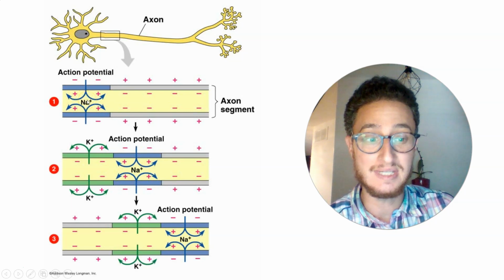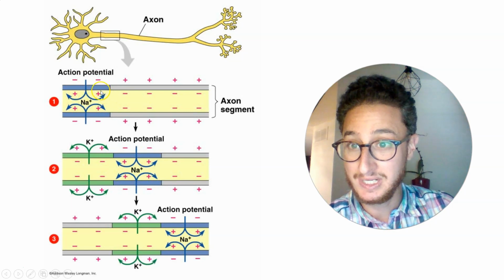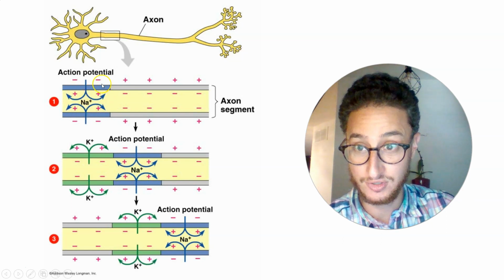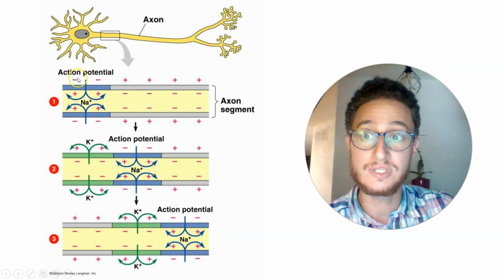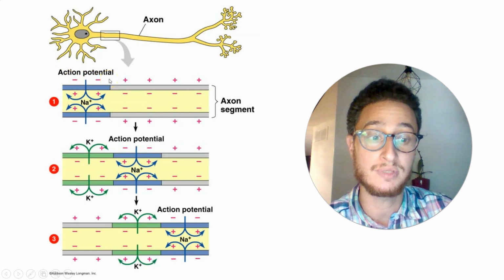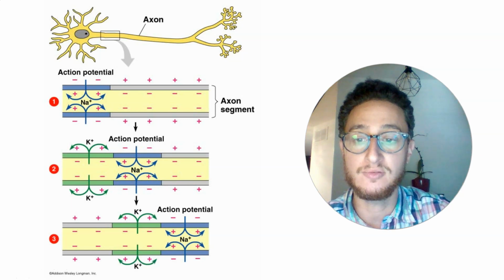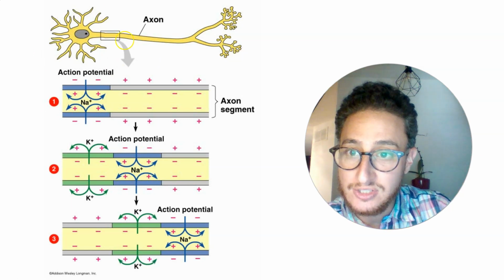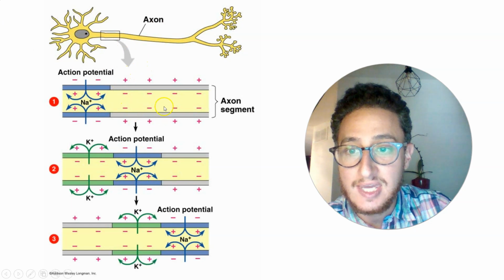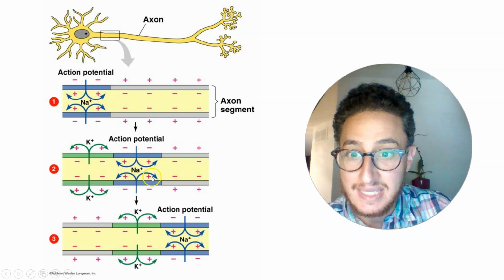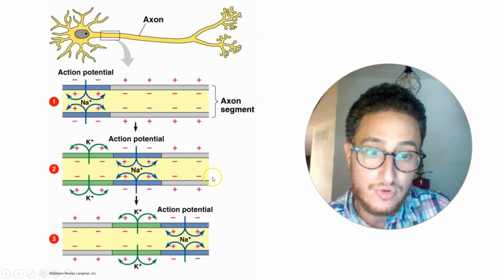We call this depolarization. When it is relatively positively charged inside the axon versus outside the axon, we say that we've reached action potential, which will be a difference of exactly plus 40 millivolts. And what that's going to do is stimulate the neighboring ion channels to start to open over here. So when an action potential begins, it starts to get transmitted, it starts to move.